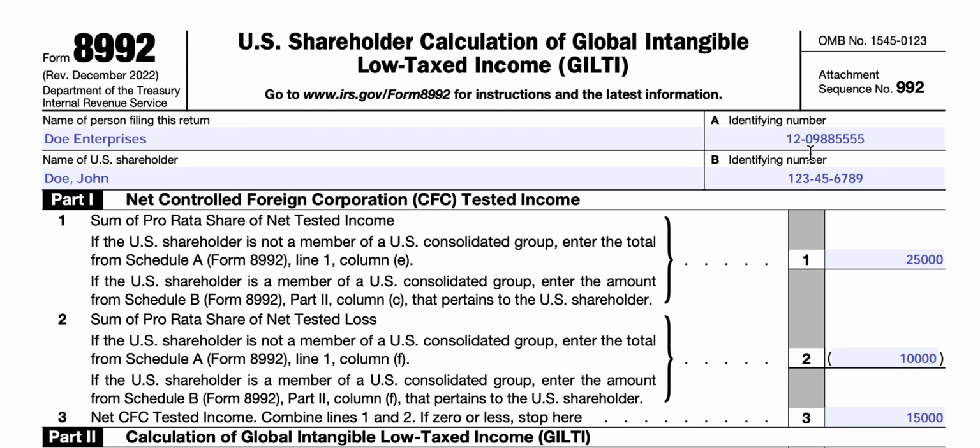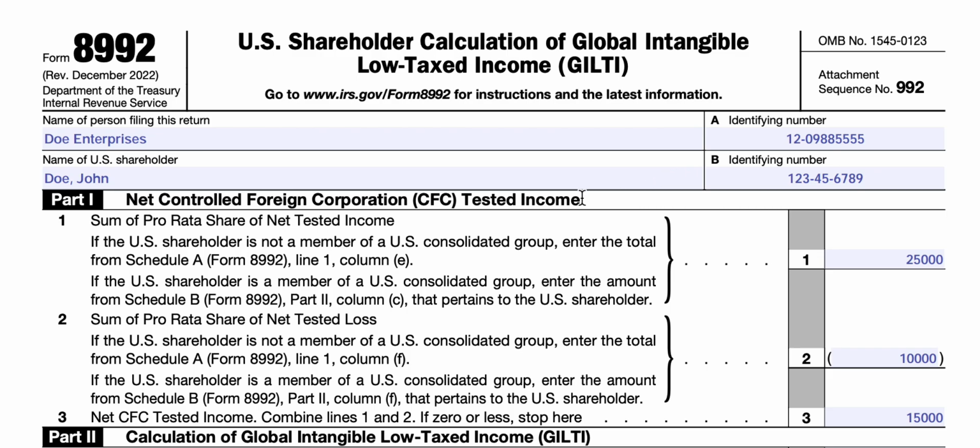Either you have an EIN, or if it's a tax entity that does not have an EIN or a Social Security number, then you would put in a unique reference ID number, at least in Schedule A and Schedule B. So for the form itself, at the very top, you're most likely going to be entering an EIN or a Social Security number. And then the shareholder in person will actually have a Social Security number in that section.